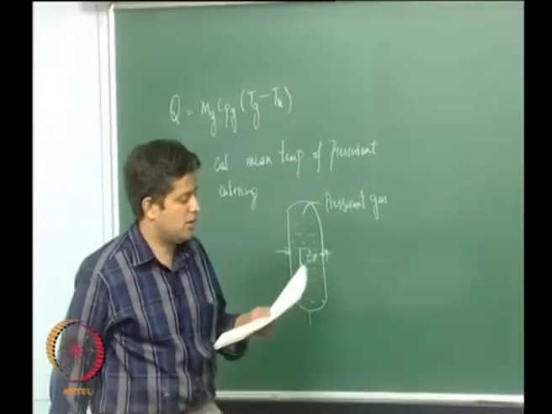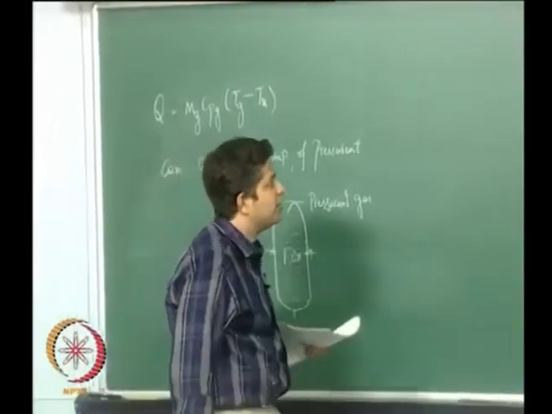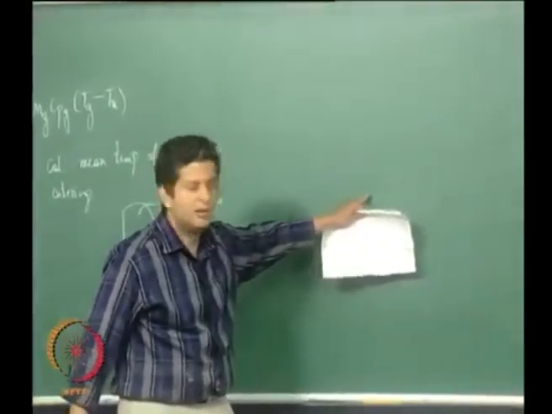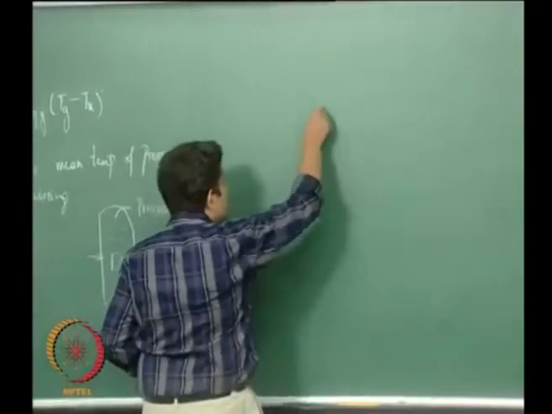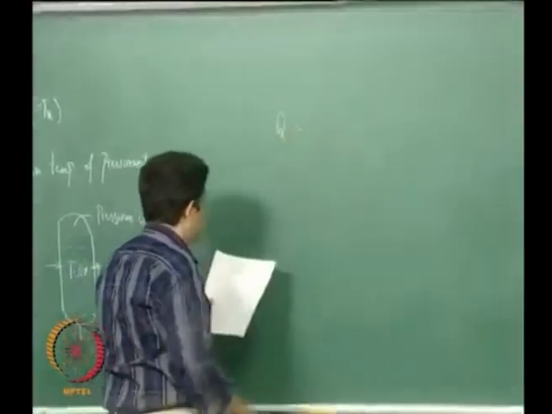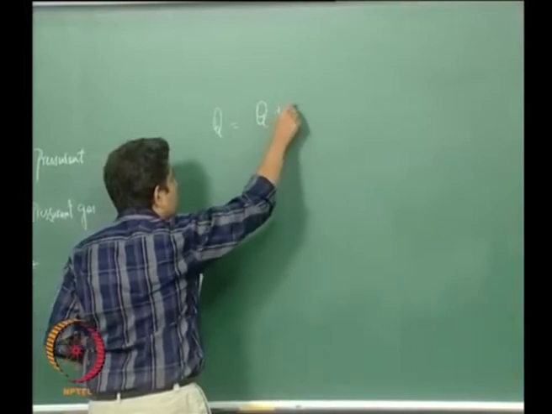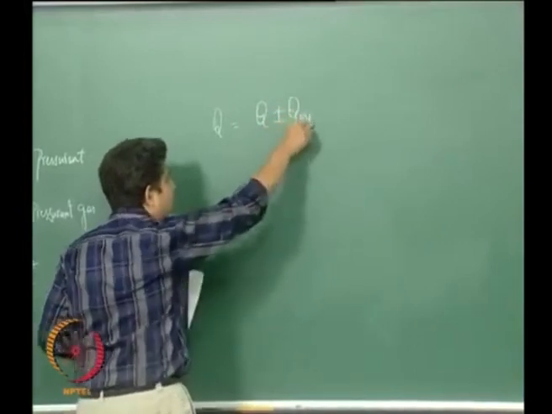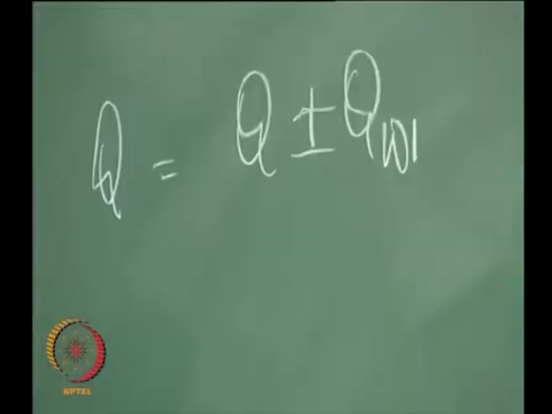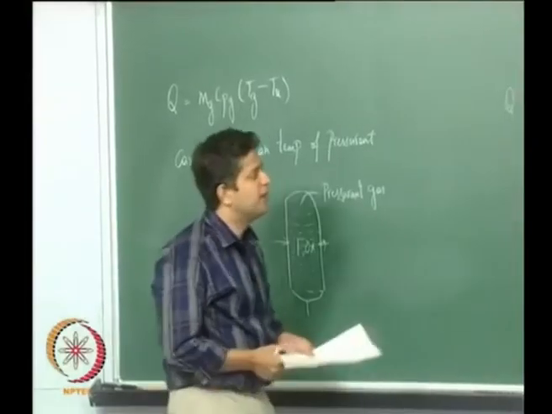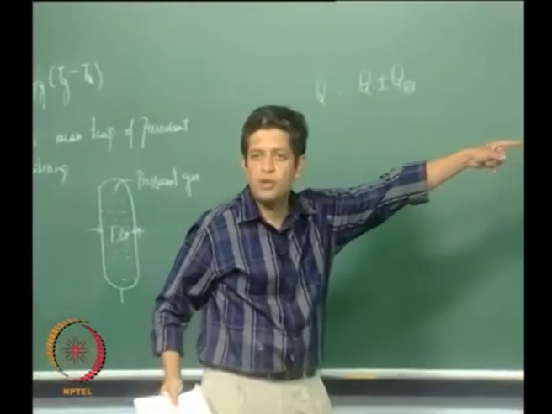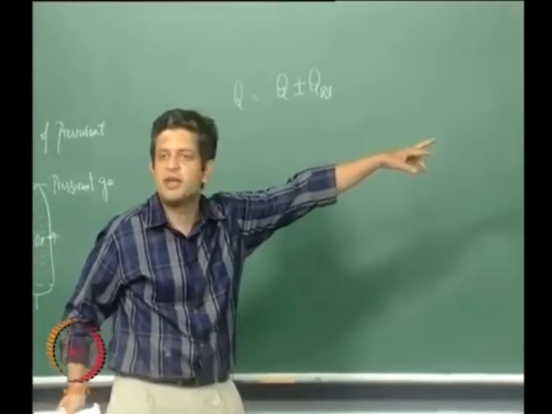Both these things need to be accounted for, and they can be accounted for in a similar fashion as we have done here. Only thing is the Q that we had here will be equal to Q plus or minus Q wall 1, okay. That will be equal to mass of vapor into everything there, okay.